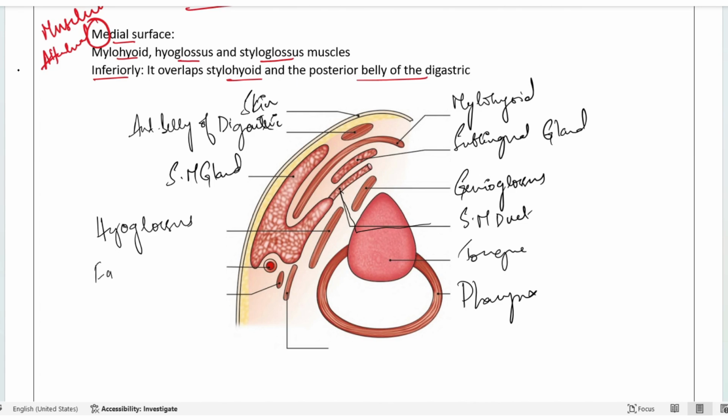This is the facial artery. This is posterior belly of digastric. And this muscle here is the stylohyoid.